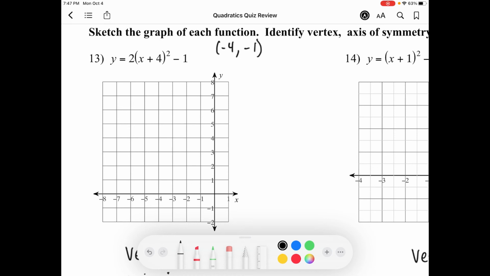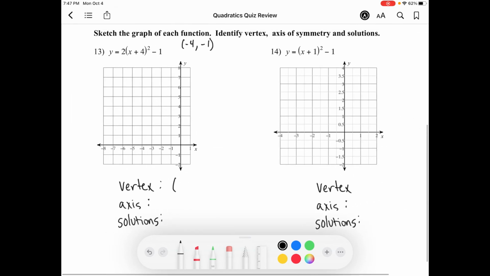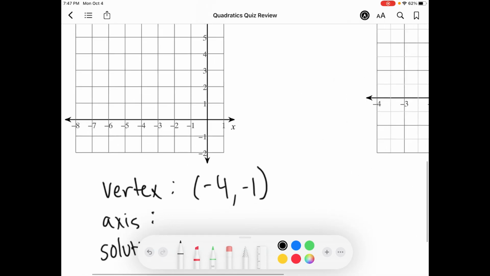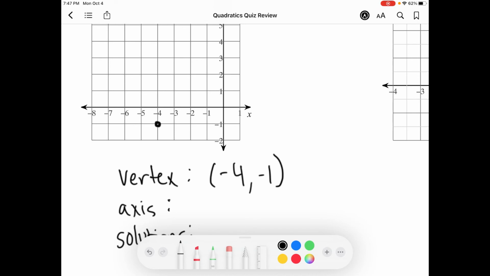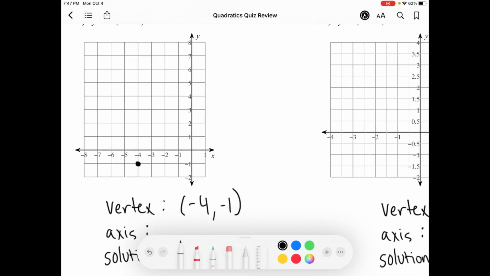All right, so we just found our vertex. I'm going to go ahead and write it down right here. It was negative 4, negative 1. All right, so we can start off by graphing that point, which is right here. This graph's a little weird, but it's okay, because we don't really need to graph anything to the right side. What you'll see once we have this function graphed.